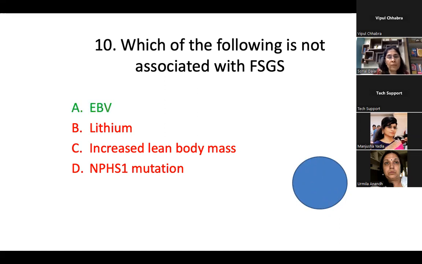Time up. Very easy question. It is Epstein-Barr virus. It has nothing to do with the FSGS.